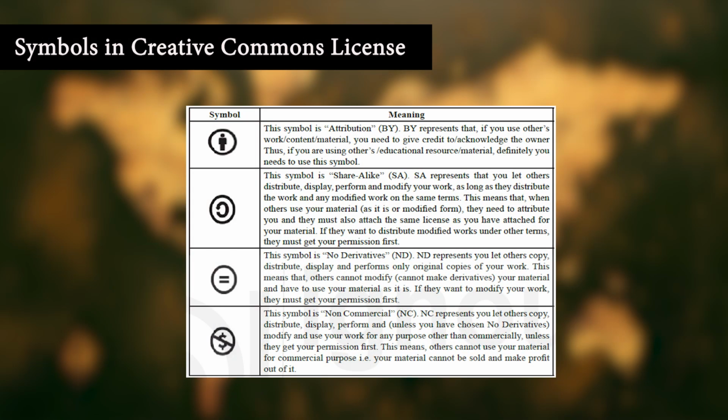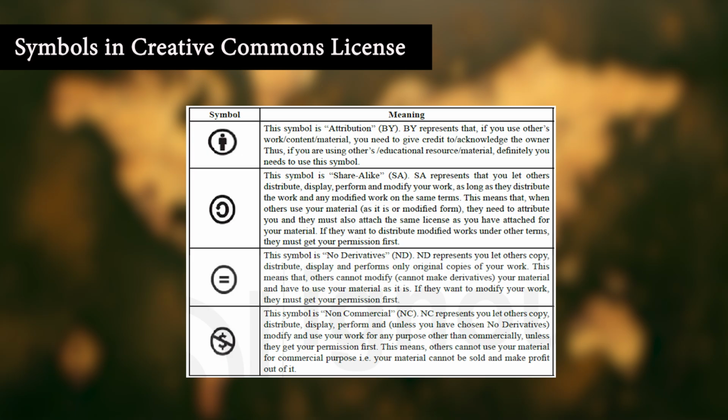Now friends, we will see the different symbols in Creative Commons license. If you are seeing any Creative Commons license, the open license, you will see these symbols which you are seeing in the slide. On the left side, there is a circle, then a human image of an individual. This is attribution. This symbol is the attribution, BY.